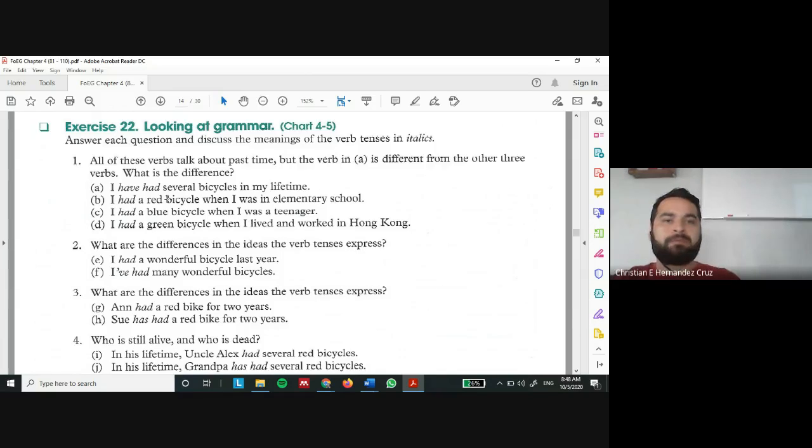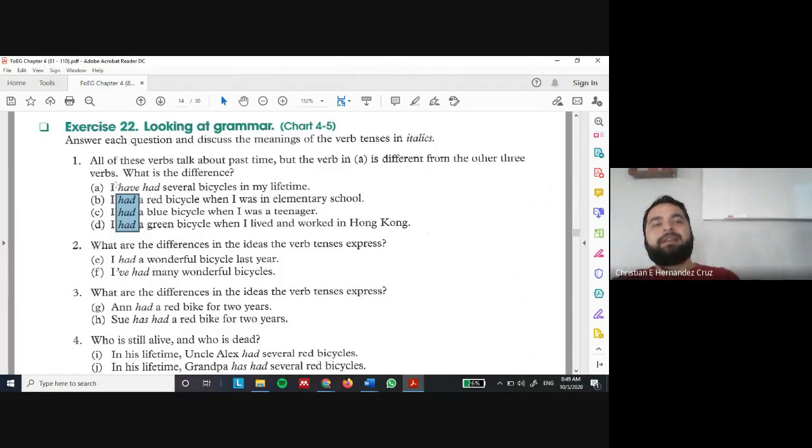B, I had a red bicycle when I was in elementary school. C, I had a blue bicycle when I was a teenager. And D, I had a green bicycle when I lived and worked in Hong Kong. So in sentences B, C, and D, we use the same verb had.